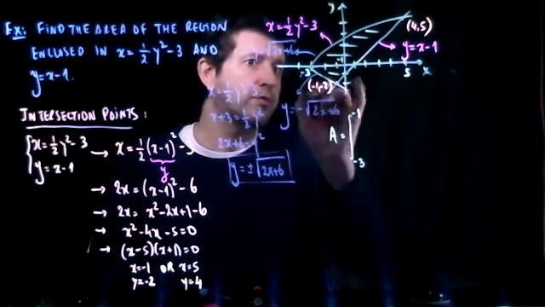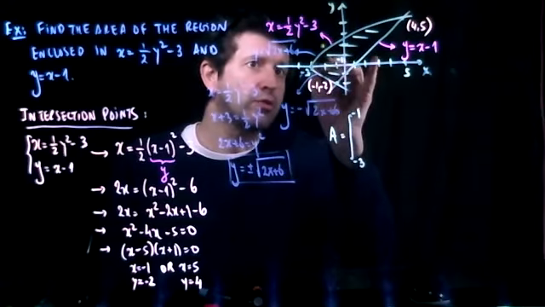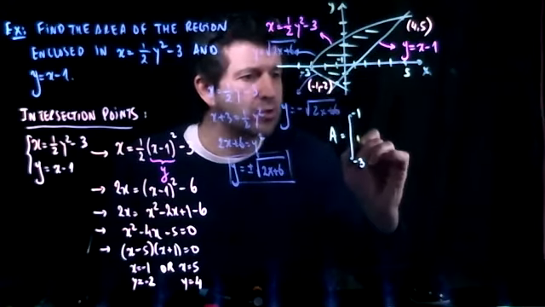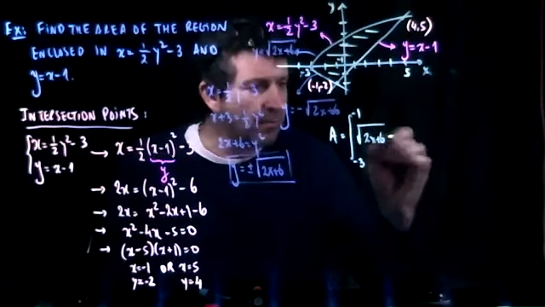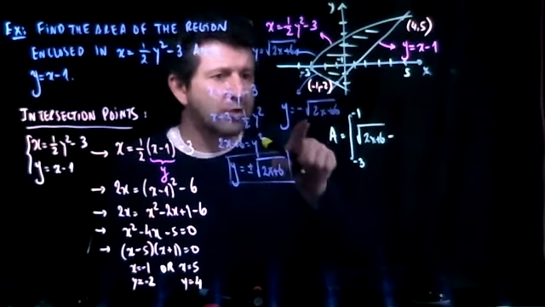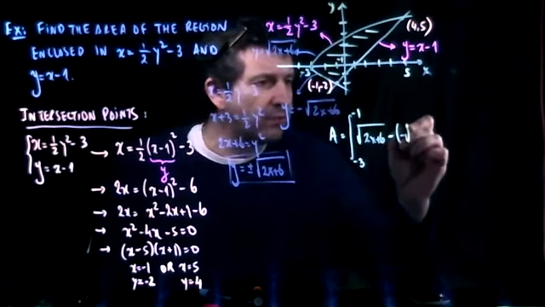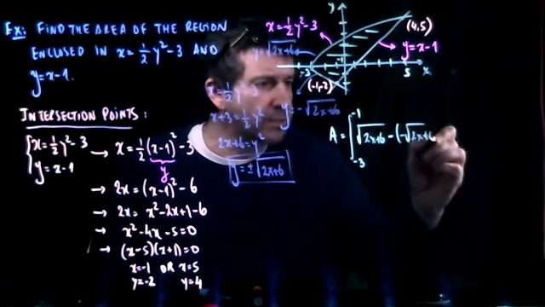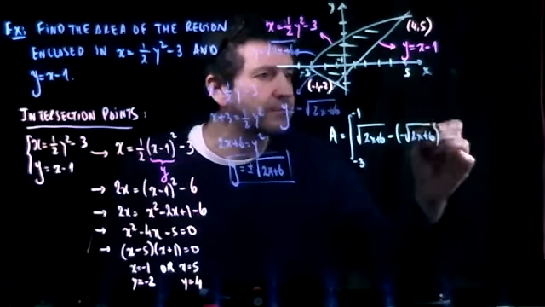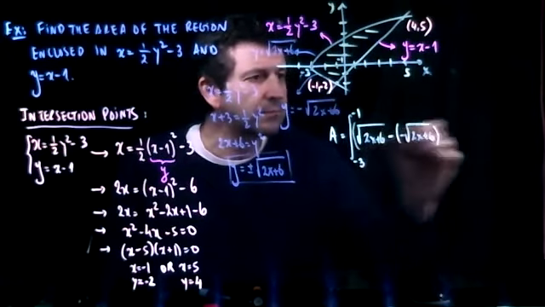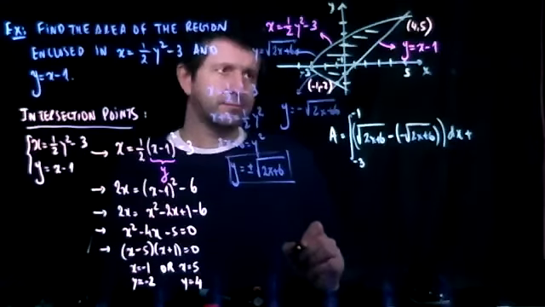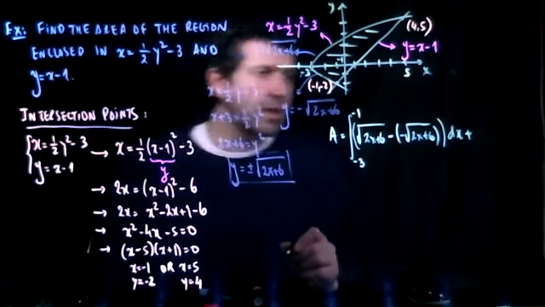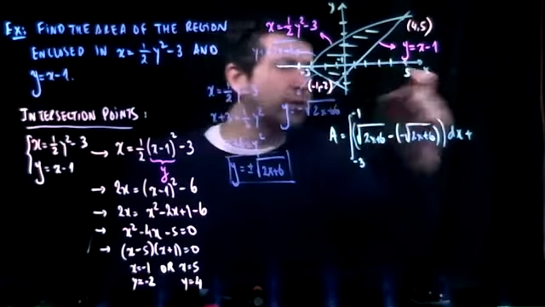The first part is from -3 to -1, where the top function is square root of 2x plus 6 minus the bottom function, which is negative root 2x plus 6, plus, and then the area from -1 to 5.